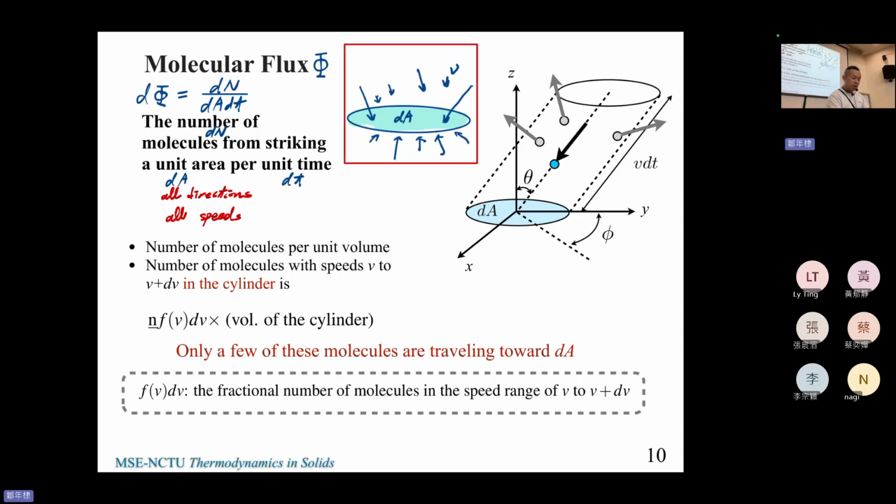The conditions here are too difficult, all directions, all speeds. So I want to make it simpler at the beginning, and then we can do the thing step by step.